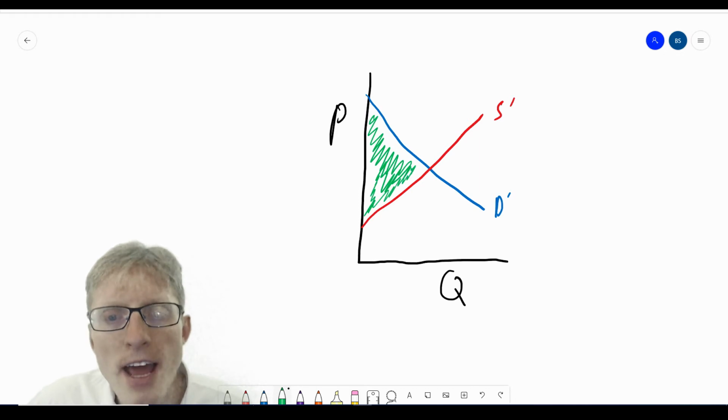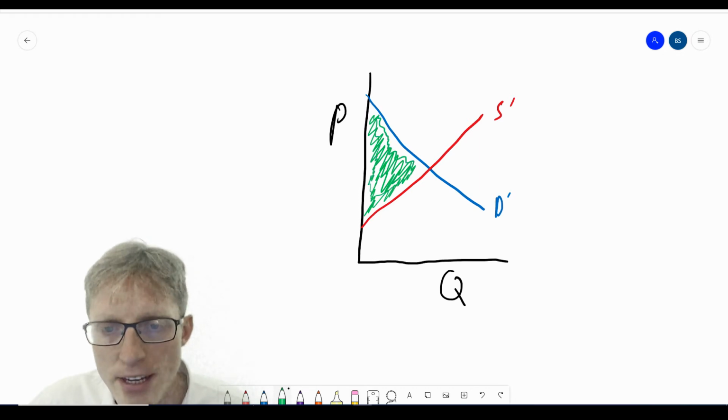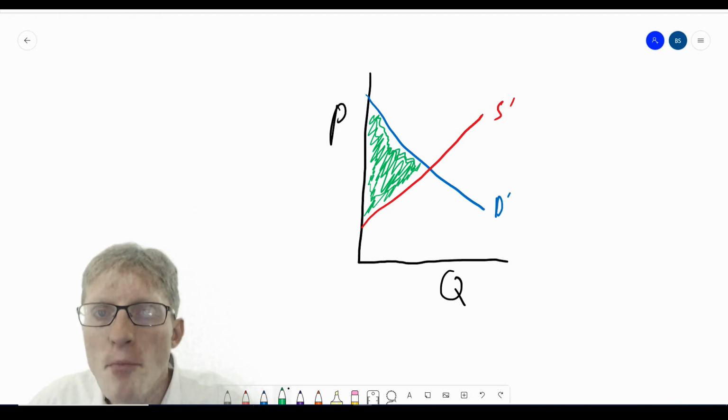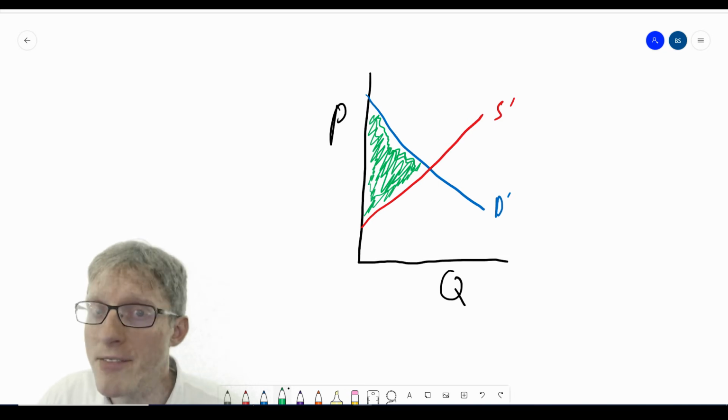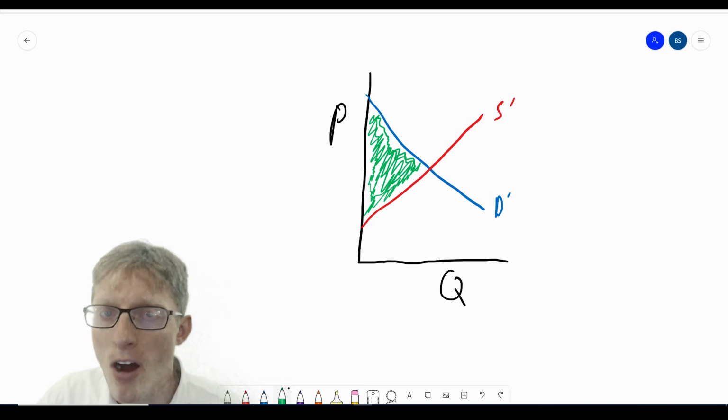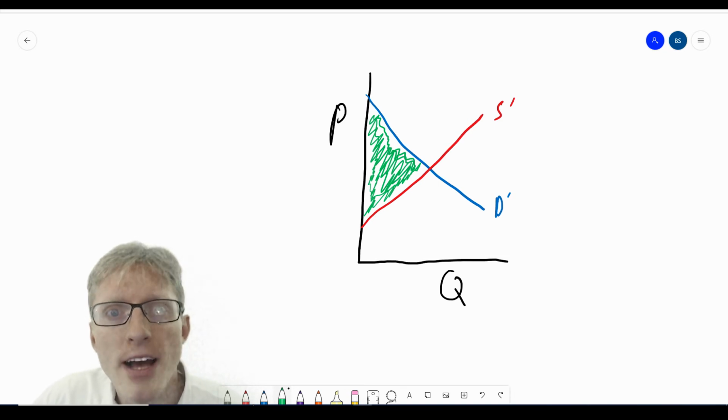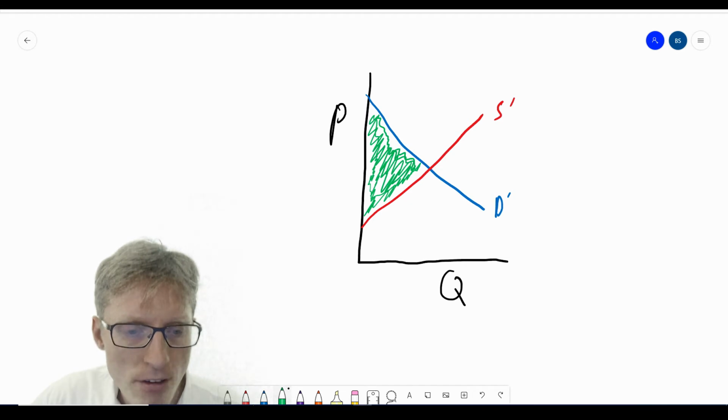Now, in some problems, finding this area is rather complicated. You might have to use integration. But in the problems that we're going to look at in this class, we're going to assume that inverse demand and inverse supply are both straight lines, which implies that this area is a triangle. It's an area of a triangle. And we have this nice formula for triangles.